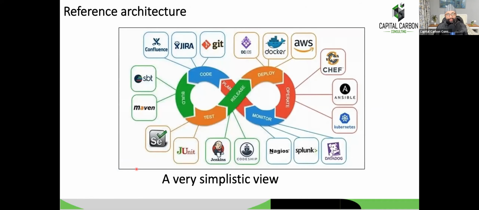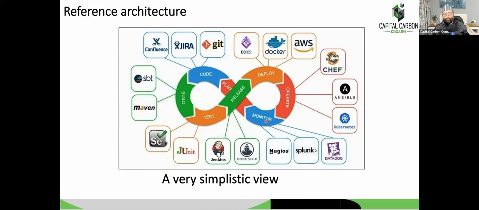Here is another reference architecture, much more simplistic view. For example, on the code side, your code is probably in Git, your Jira is running your sprint planning, your documents are in Confluence. If you come to the test side, let's say you have JUnit doing your unit testing, Selenium doing your functionality testing, right?